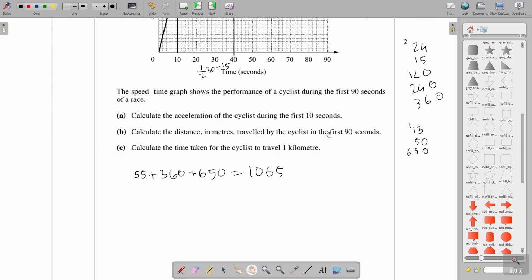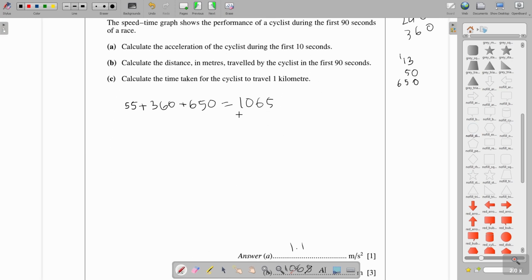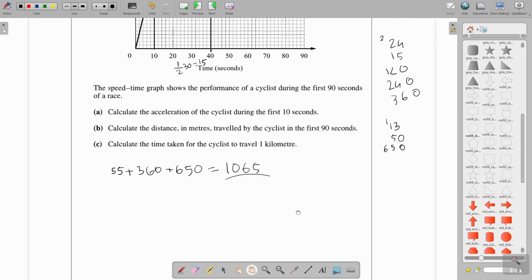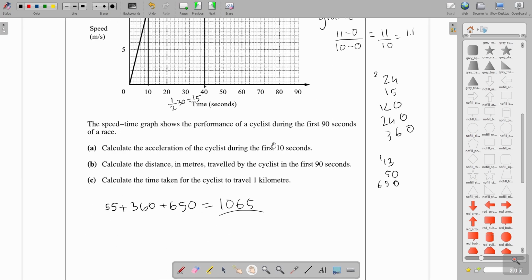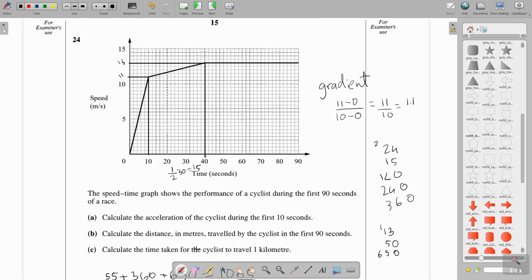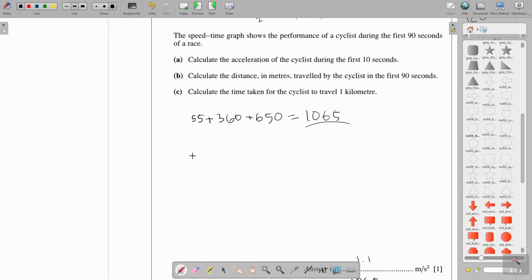Calculate the time taken for the cyclist to travel 1 kilometer. So in the 90 seconds, he traveled 1065, which is just 65 more than 1 kilometer. So if we minus 65 distance, then we can find the time: the whole time minus whatever time it took to travel 65 gives us the time for 1000 meters, which is 1 kilometer. And since the speed in this last part is constant, distance is equal to speed into time. Speed here is a constant 13.